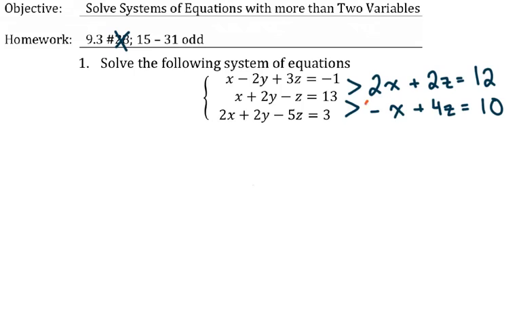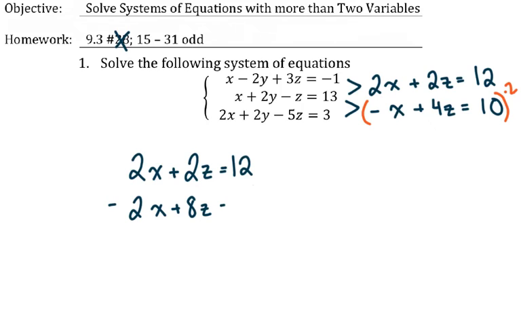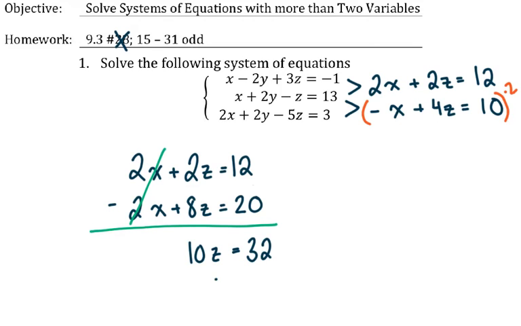So I'm going to multiply this second equation by 2, and then I'm going to rewrite my system down in all this space here just because there's more space. So now we have 2x plus 2z equals 12, that first equation, and my new multiplied one, negative 2x plus 8z equals 20. And now when I combine them, the x terms cancel out, and I'm left with 10z is equal to 32. So my z term is 3.2.